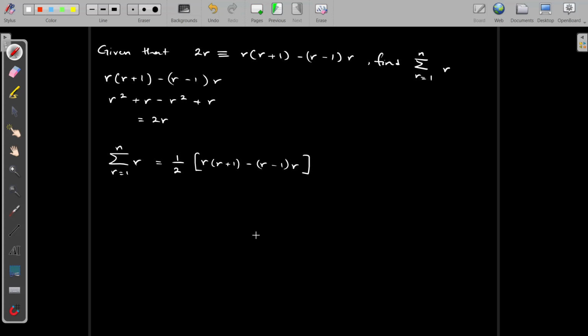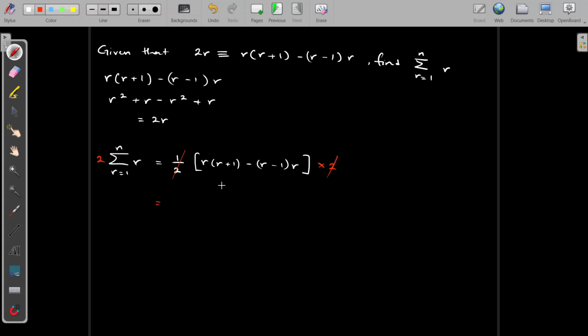So now we can evaluate this thing here by substituting some values. So when r is equal to 1, or let me just get back. So times 2 times 2.